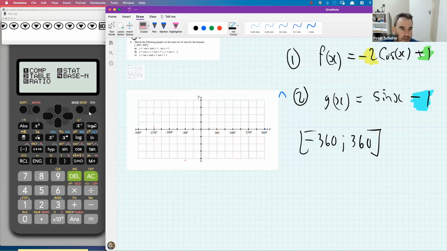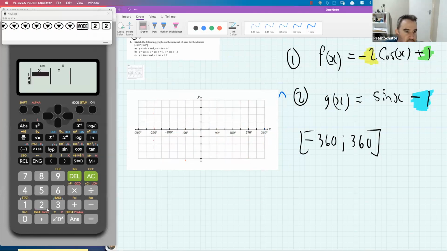I'm going to use my calculator. So I'm going to go table, and I'm going to enter -2 cos x plus 1.